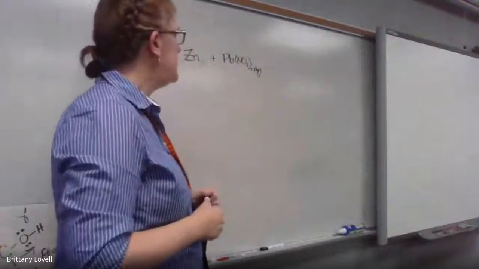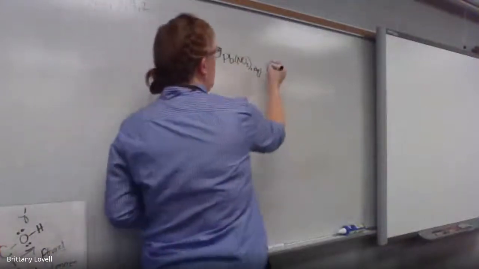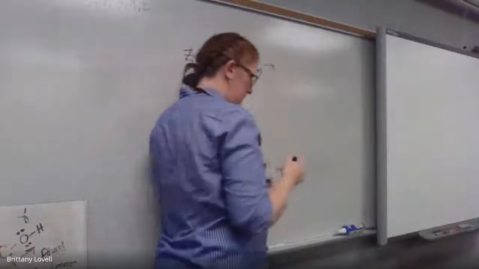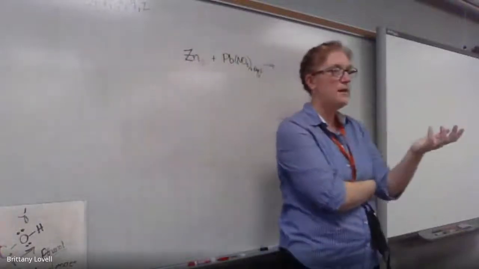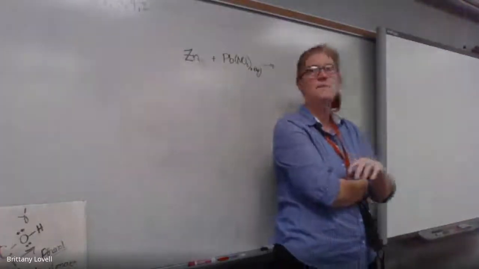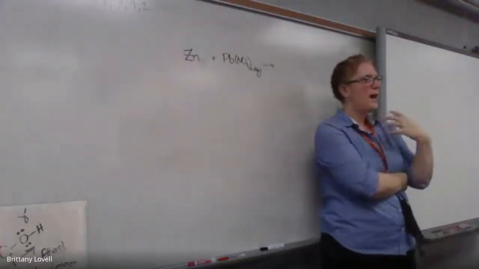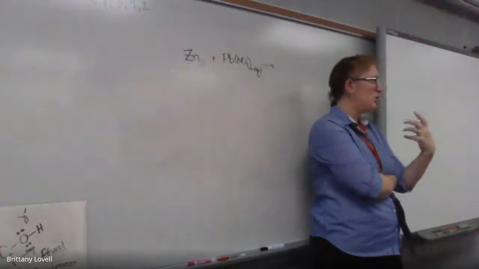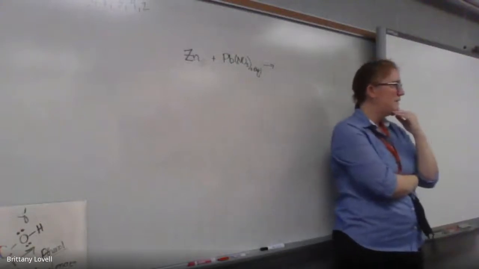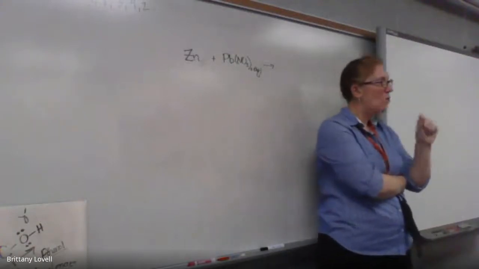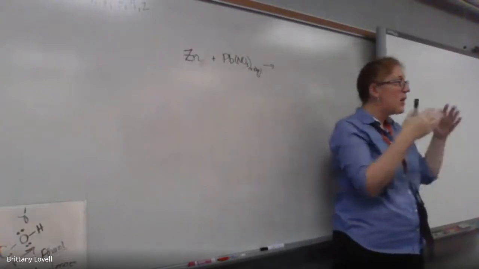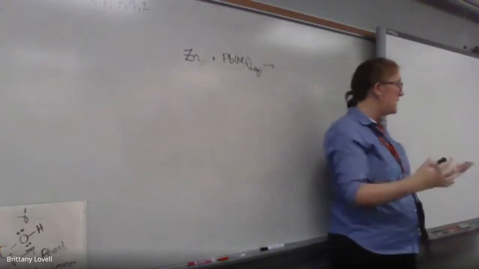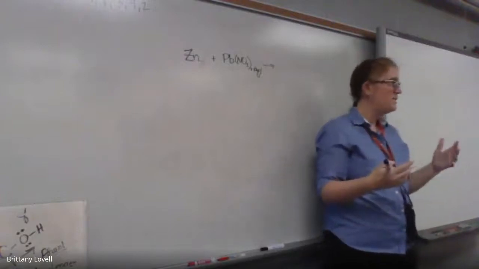Okay, so then you've got to ask yourself, would this react or not? If the kid was going to make or did this, and you were going to make a prediction about what she found, first of all, what kind of reaction is this setting up to look like? What type? Single replacement. Good. And so we know that in single replacement reactions, things that are alike can replace things that are similar to them.